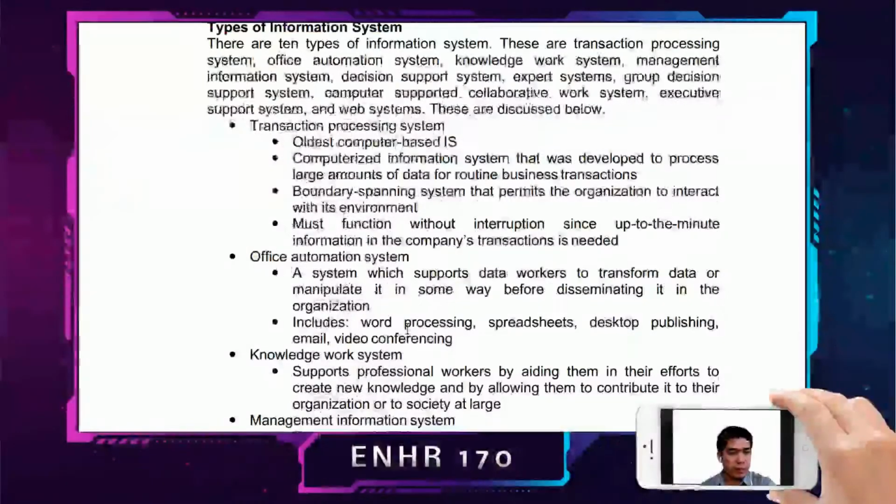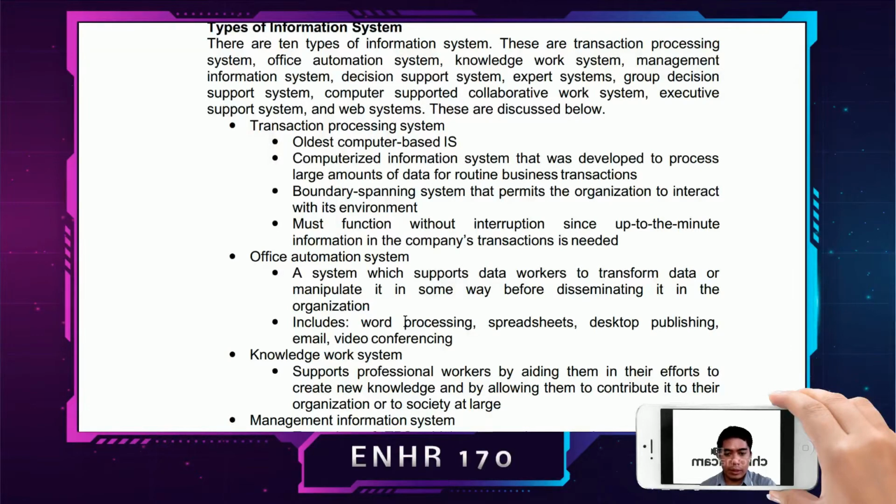Then we have here the office automation system. What is this office automation system? It is a system which supports data workers to transform or manipulate data in some way before disseminating it in the organization.